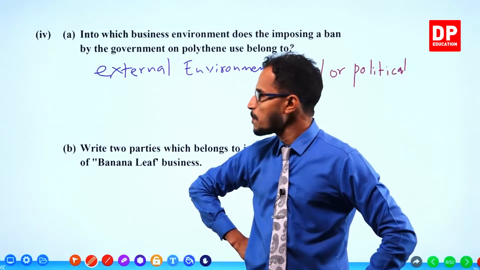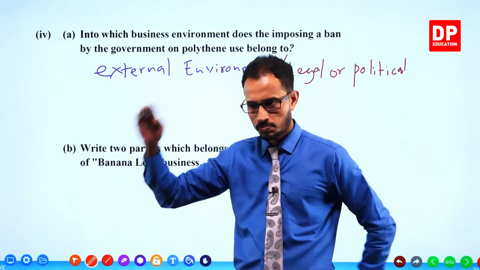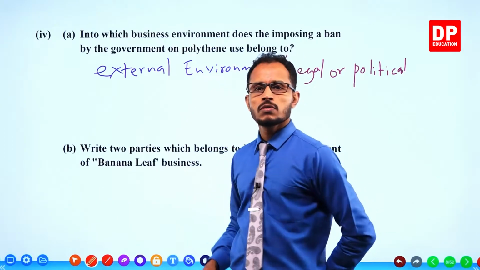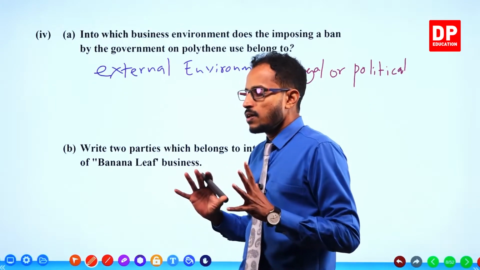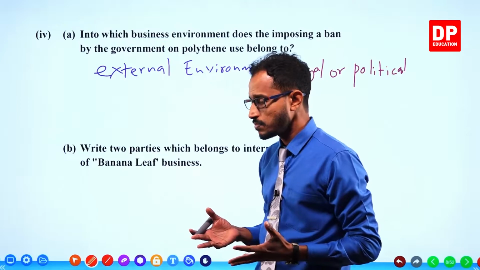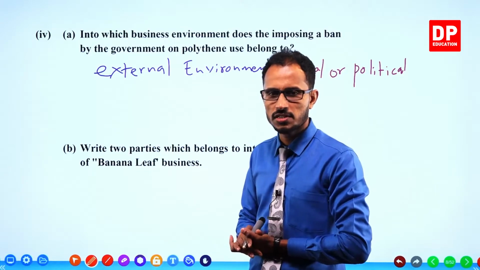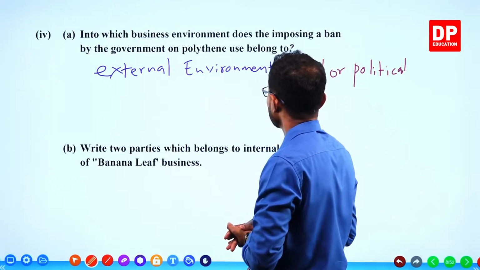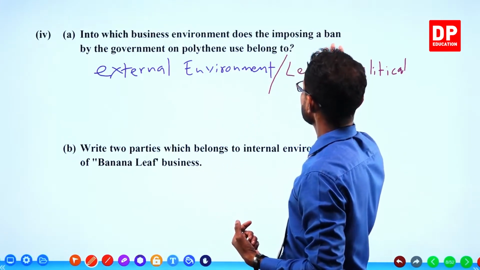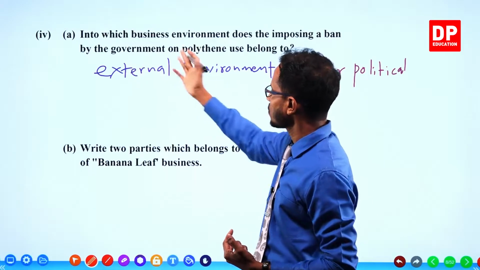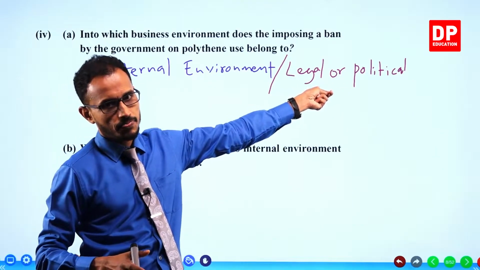Whoever took that decision to ban polythene lunch sheets, I salute. Of course, that is a tremendous contribution for the well-being of the natural environment. So it is not the natural environment which imposed the ban on polythene usage. It's the government. So political or legal forces in the external environment.